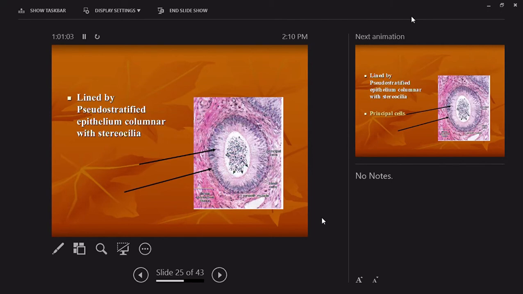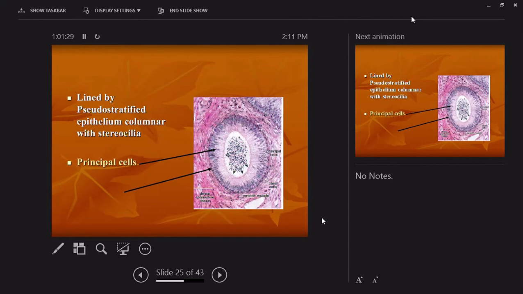If you answer without stereocilia, then your answer would be wrong. If I ask you the lining of your epididymis: pseudostratified columnar epithelium with stereocilia.